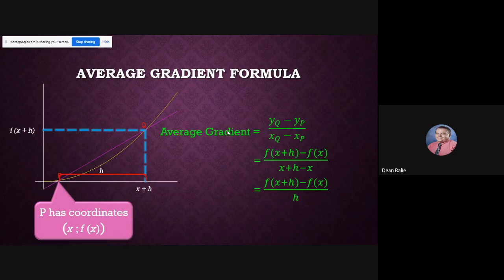Remember, as I'm bringing Q closer to P along the curve, the average gradient of the line PQ is heading towards being the exact gradient. So if I can work out what this thing is heading towards, then I can establish what the actual gradient is. And what we've got to understand and realize is that as Q moves closer and closer and closer to P, what is happening to h?